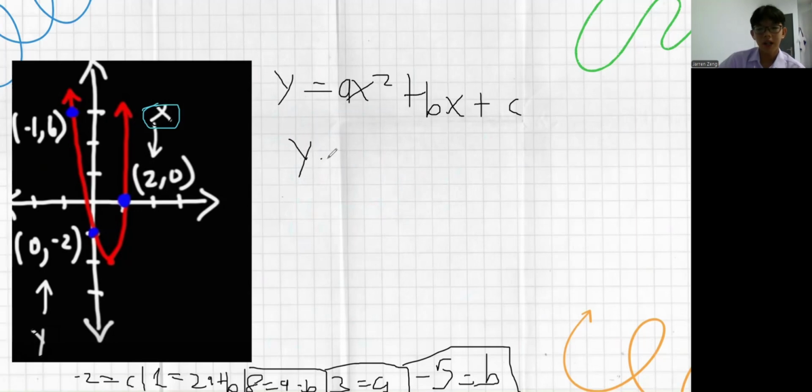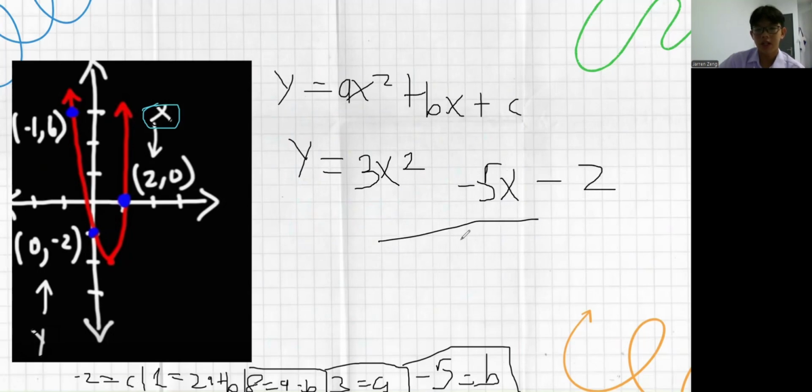So y equals 3x squared, minus 5, of course, x, and then minus 2. So here is our final equation.